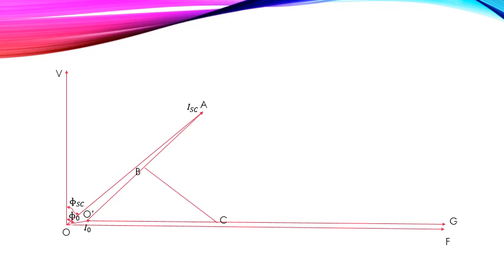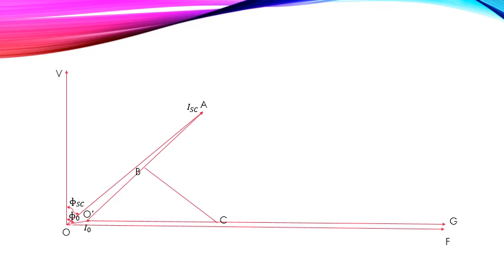Then with O as origin, draw OO dash, equal to the no load current, at an angle phi naught to V, that is, lagging behind V by an angle phi naught. Then with O as origin, draw OA, equal to the short circuit current with normal voltage, to be drawn at an angle phi SC to V.